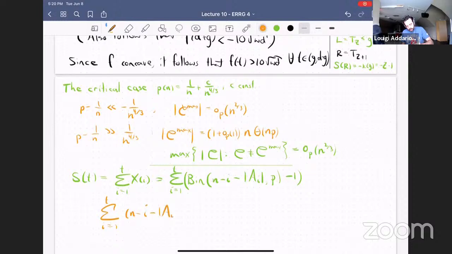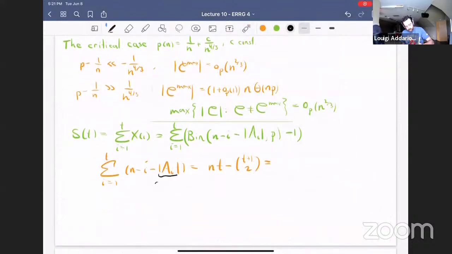If I look at this sum of the binomial parameters, well, the first term is just nt, and then I have a sum of i for i from 1 to t, so that's minus t plus 1 choose 2. And then I have the sum of A_i.